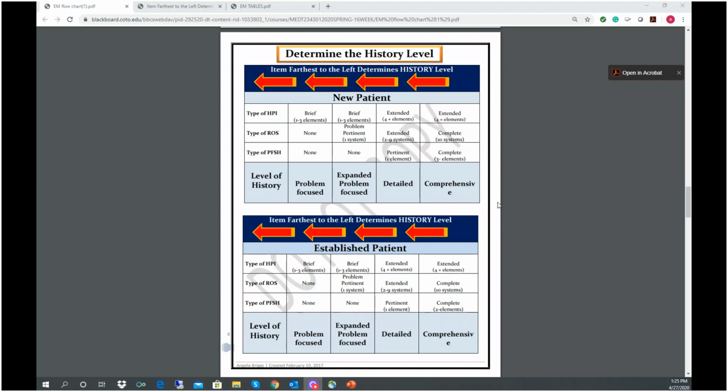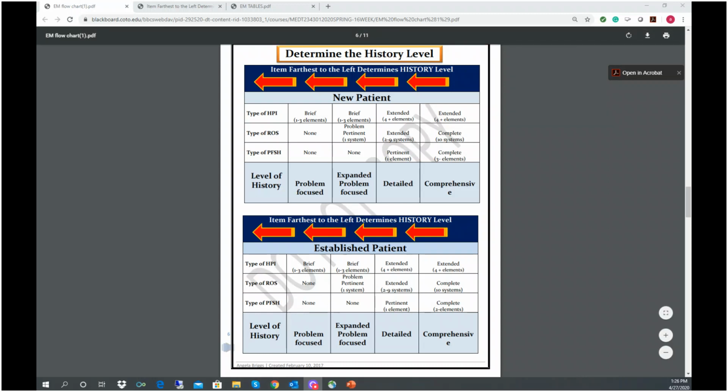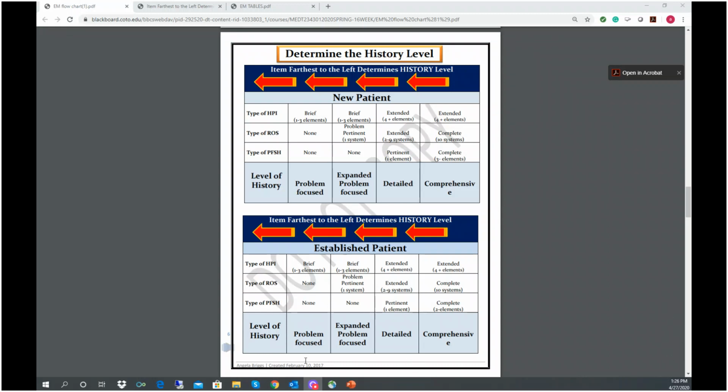For example, if we have a brief HPI, a problem pertinent review of systems, and a pertinent PFSH, we would have to give it problem focus because we go all the way to the left to determine that. Established is the same, so it would still be problem focused for our history.